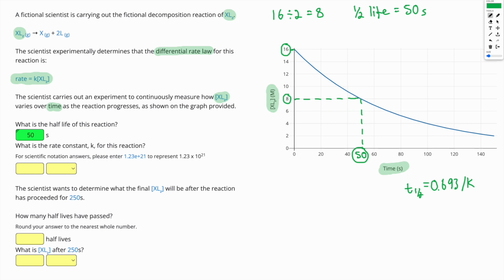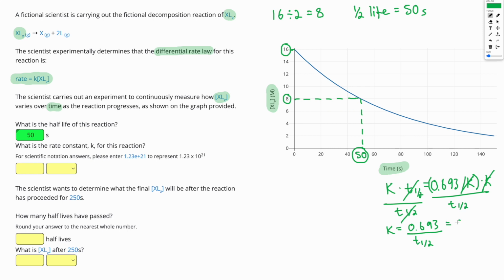So I'm going to rearrange this for K. So I'm going to multiply by K on both sides. That way my K's cancel out on the right. Then I'm going to divide by T half on both sides. That's going to cancel out on my left. So I'm left with K is equal to 0.693 divided by the half-life.